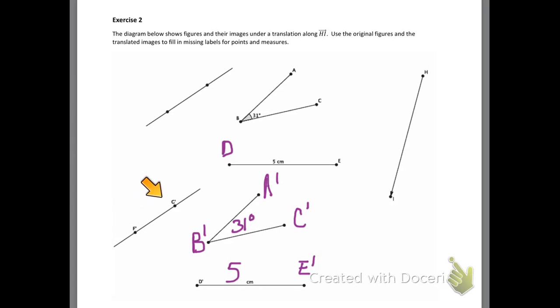These are the images under this translation that we've got going on here. So the original point for F prime would be labeled F, and the original point for G prime would be labeled G.